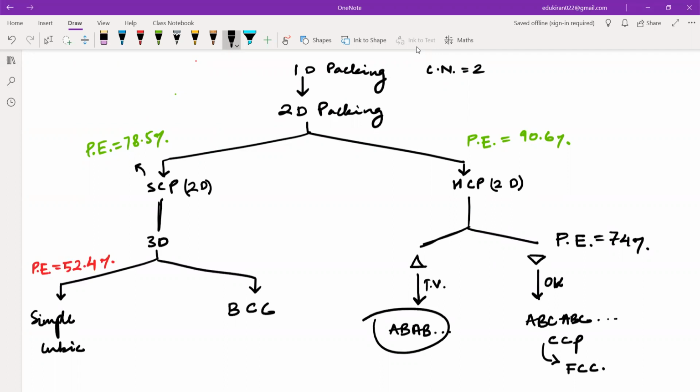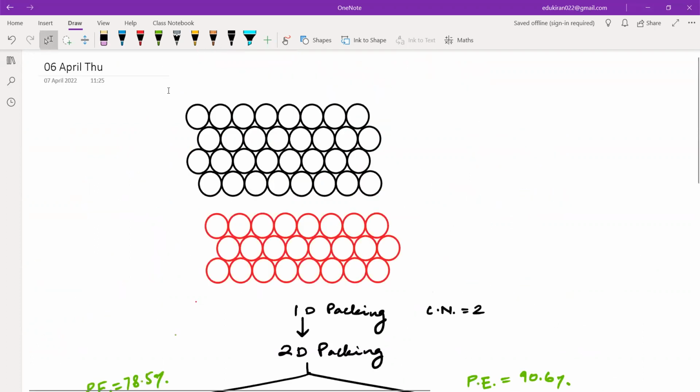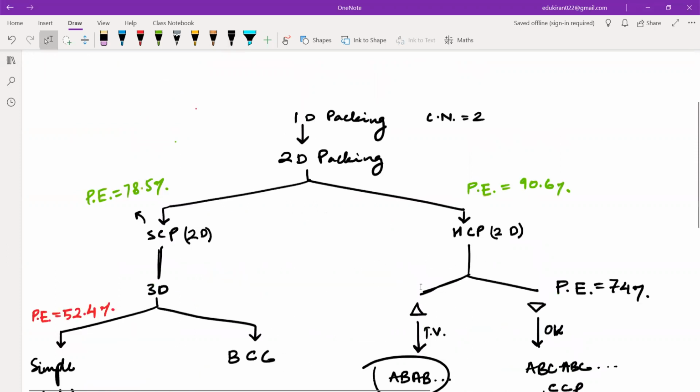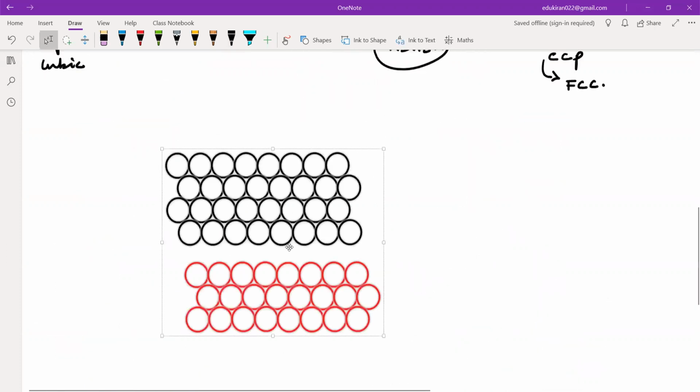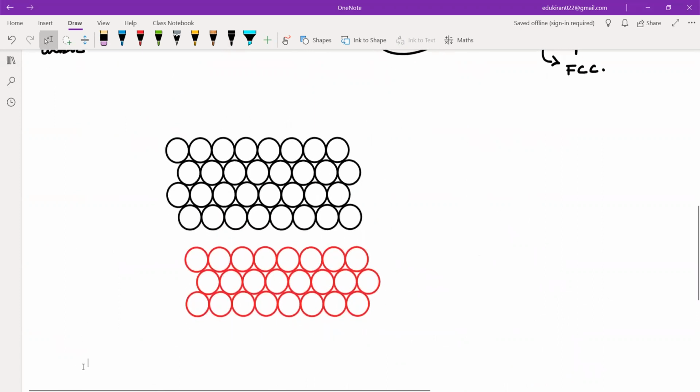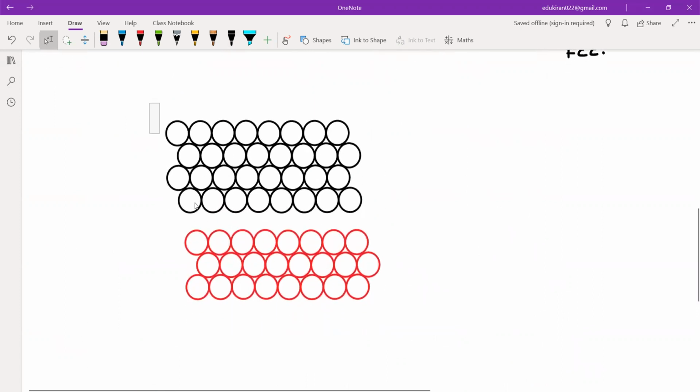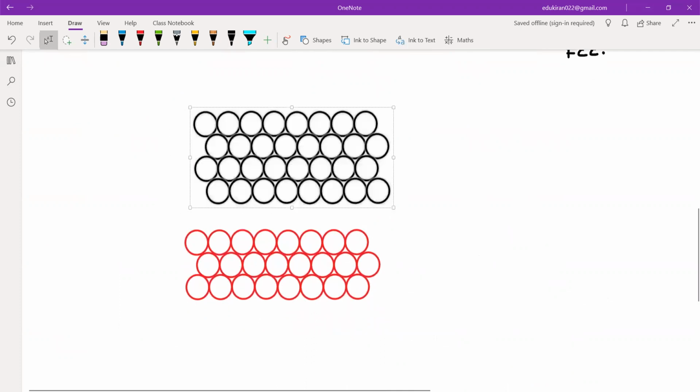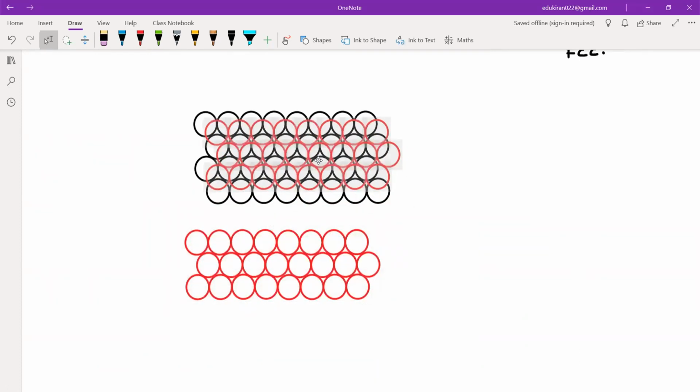So let me go back here and copy these two things and paste it here. So now in this, this is the first layer, then we have the second layer, and we will put the second layer on the upward triangle voids.